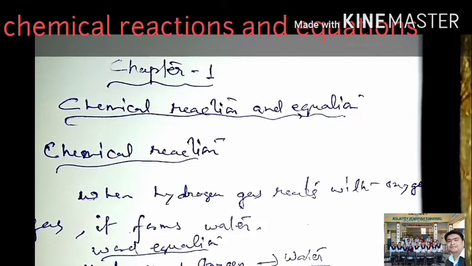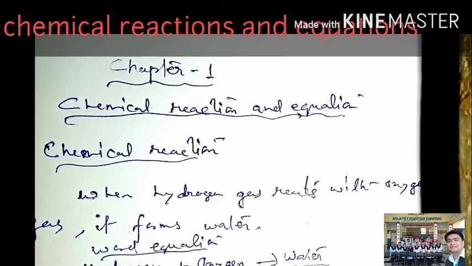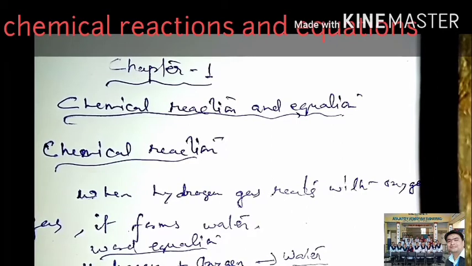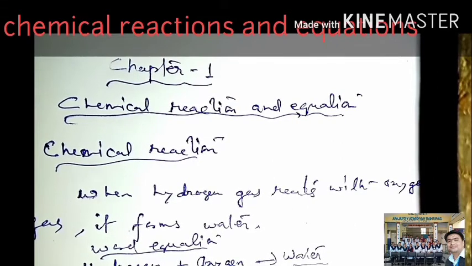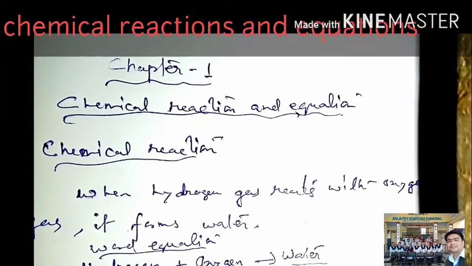In the reactants, the number of hydrogen atoms is 2, and in the product the number of hydrogen atoms is also 2. Very nice, it's equal. But in the case of oxygen, there are 2 oxygen atoms in the reactant, but in the product only 1 oxygen atom. So the number of oxygen atoms is not the same on both sides.